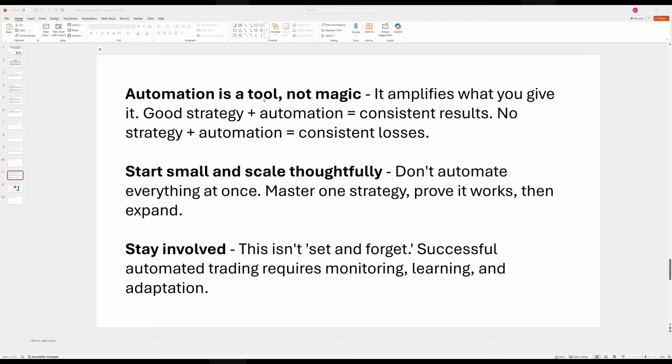Everyone had to get laid off and everything. That's why I'm always a big believer in staying involved. Don't just think, oh, this is set and forget, I'm going to set it and go watch a movie for 5 hours or binge on Netflix. Keep in mind, your money's at risk. You want to manage it. Successful automated trading requires monitoring, learning, and adaptation.